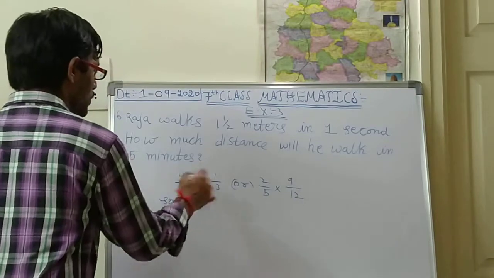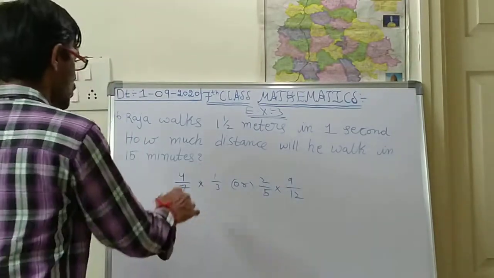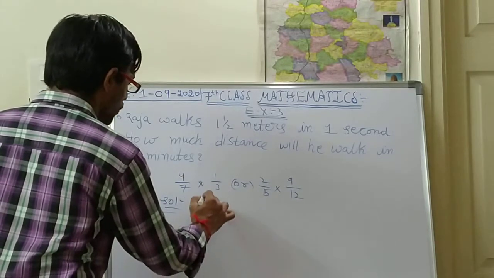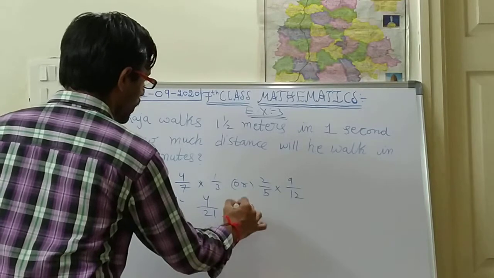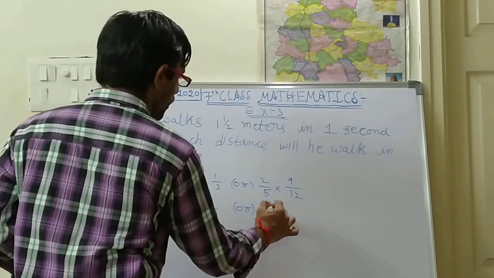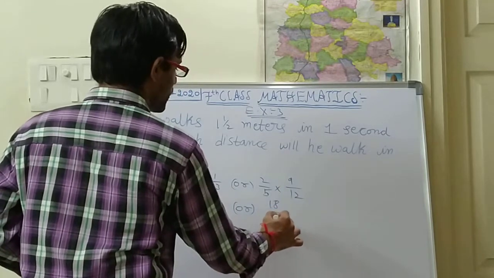The solution: "of" means multiplication. First numerator into numerator: 4 into 1 is 4, and 7 threes are 21. Next, 2 nines are 18, and 12 fives are 60.